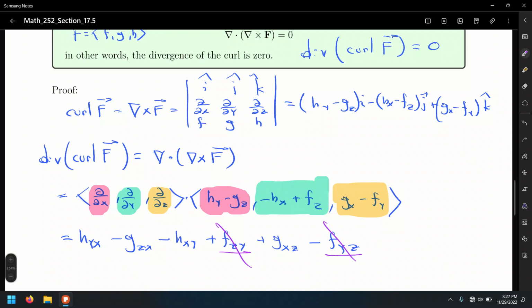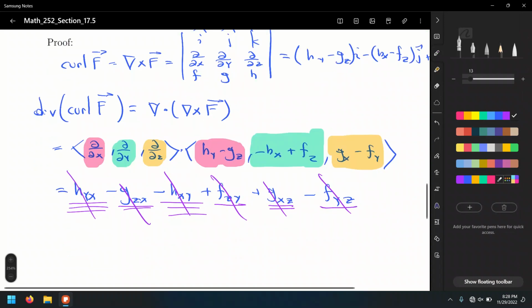In the same way, we can also check for g: z x, x z, mixed partials, they're the same thing, cancel. For h, same thing, x y, y x, they're the same thing by mixed partials. What did we get in the end? 0.